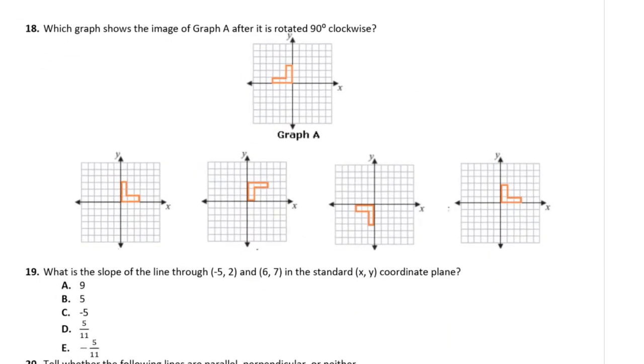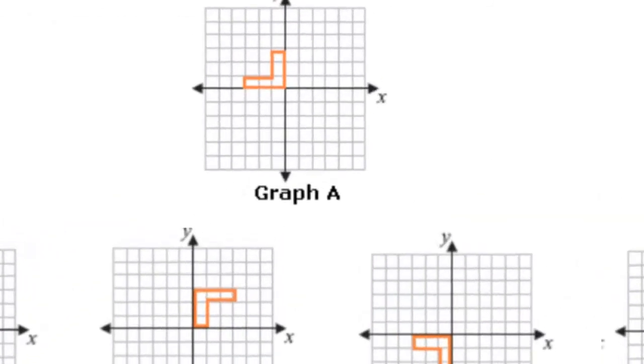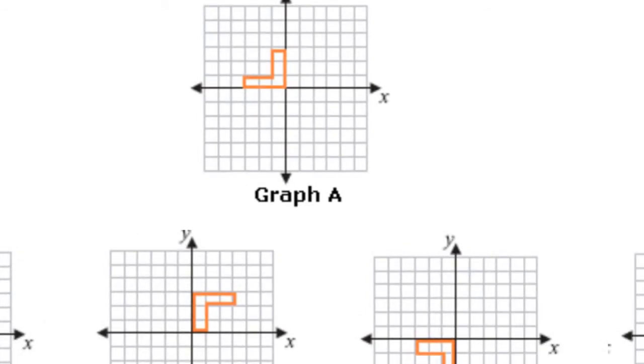We're going to rotate 90 degrees clockwise on this figure. Whenever you rotate, what you're doing is picking a point and turning it by 90 degrees. So let's pick a point like this one and draw a line to that place.